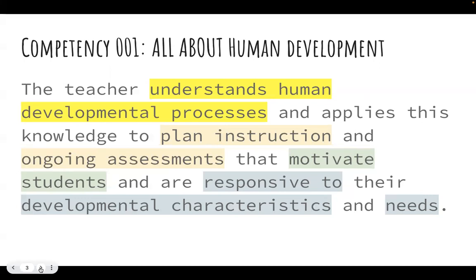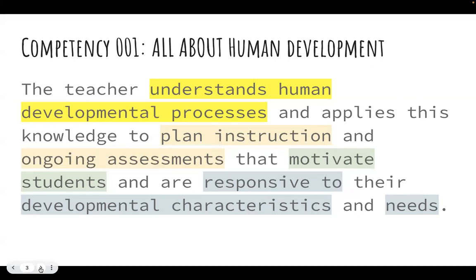So the teacher understands human developmental processes and applies this knowledge to plan instruction and ongoing assessments. Notice how they say ongoing assessments. We do not assess just to give grades. We assess to measure the student's mastery within a certain objective that we plan for.